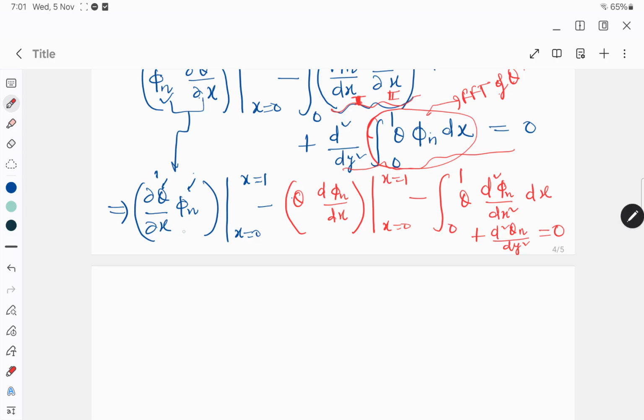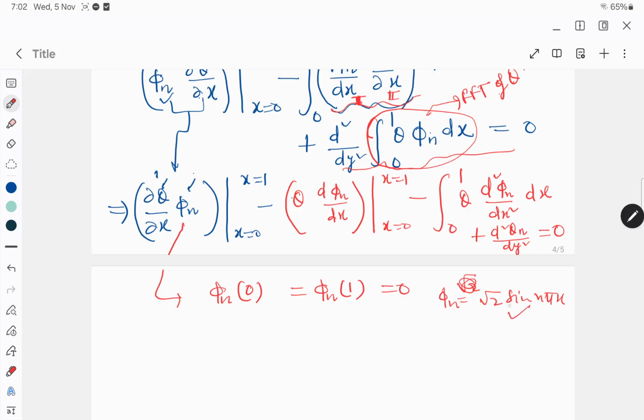Now if you see this one, as we know, phi n at 0 as well as phi n at 1, this basis function, both are 0. What is phi n? Phi n is equal to root 2 sine n pi x. So at x is equal to 0, this is root 2 sine 0, which is 0, and at x is equal to 1, this is root 2 sine n pi, that is also 0.